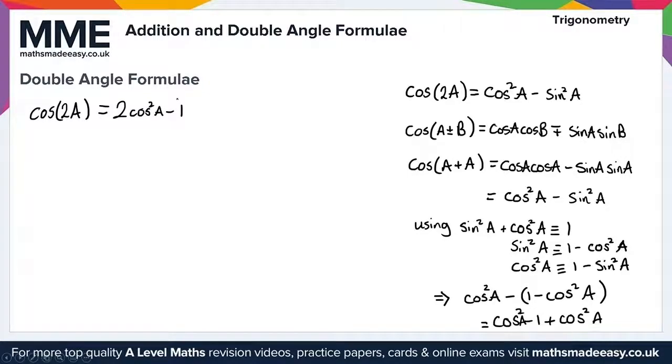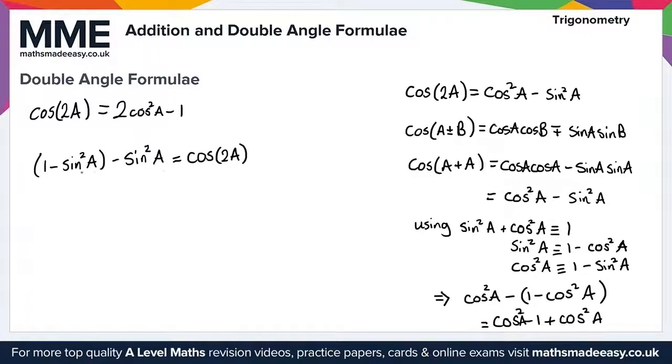Okay, and then finally substituting cos squared a into our expression, we obtain 1 minus sine squared a. So that's our cos squared a there. Substituting that in from here, we also have another minus sine squared a. Okay, and this is again for cos 2a.